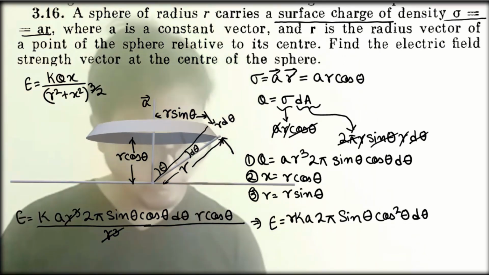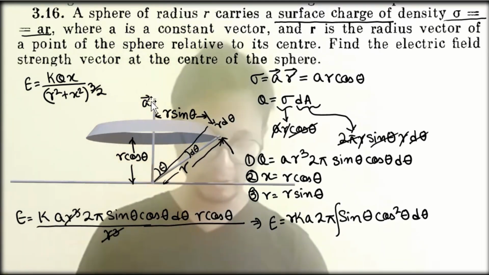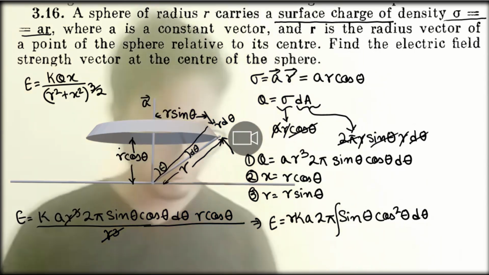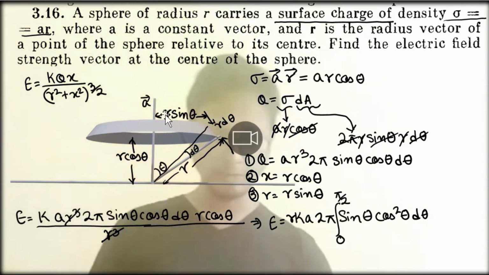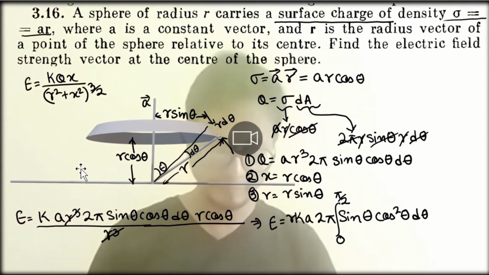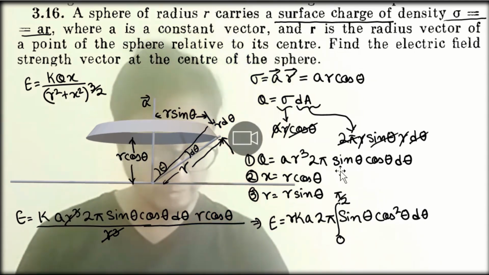And what are the limits of this integral? From theta equals 0, that means from the top of the hemisphere, to theta equals 90, from 0 to pi by 2. The last ring is at 90. Now all I have to do is integrate this from 0 to 90.